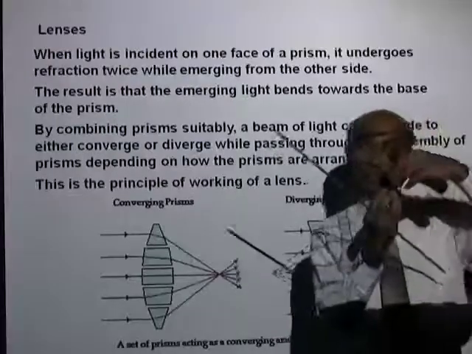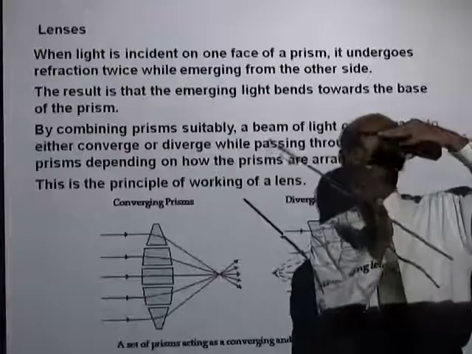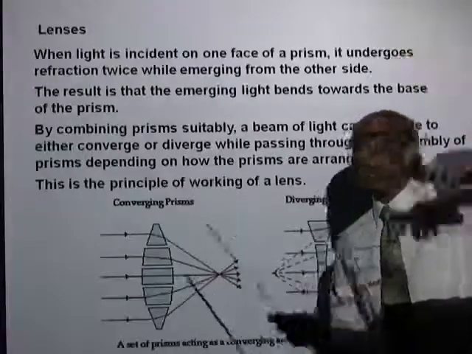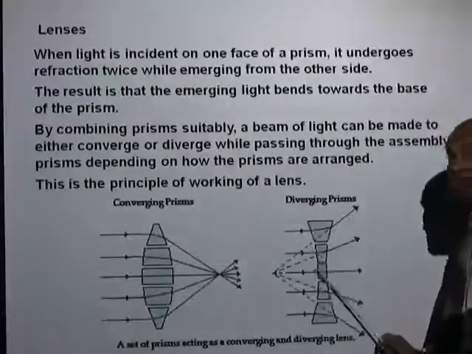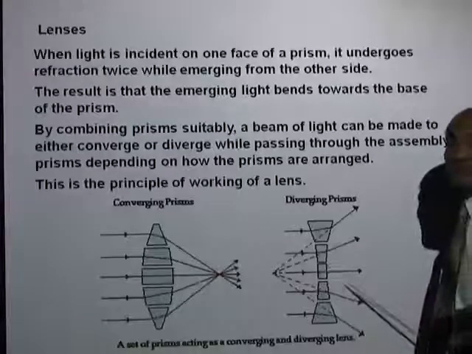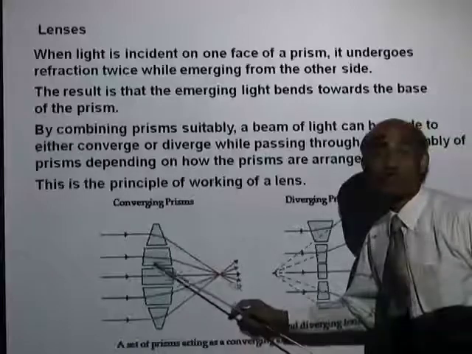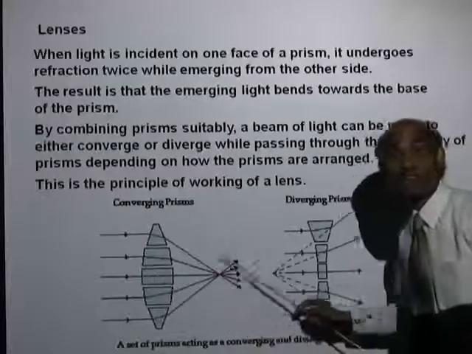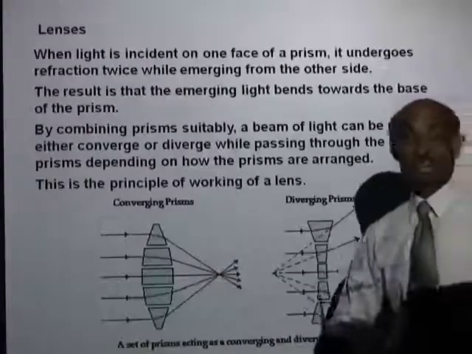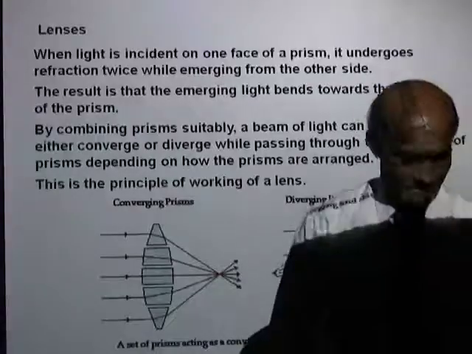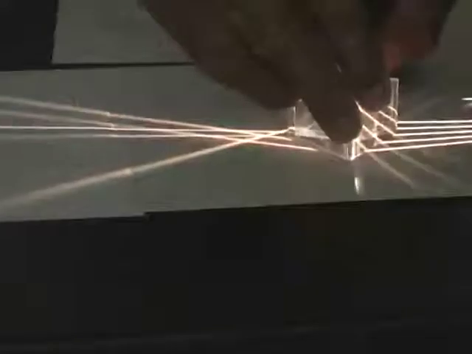And on the other hand, if you put the prisms the other way around, if the bases are facing in the opposite direction like these, then it will produce divergence. So by suitably combining prisms, you can produce converging lens or a diverging lens. Place two prisms, the bases are facing each other.